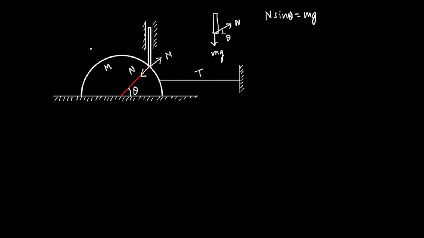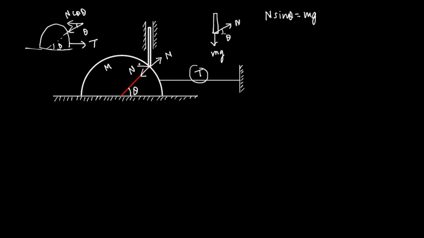And if you watch the horizontal equilibrium of this hemisphere, the N force is acting over here and this angle is theta. So N cos theta is acting because of the rod, and because of the string, tension T is acting.